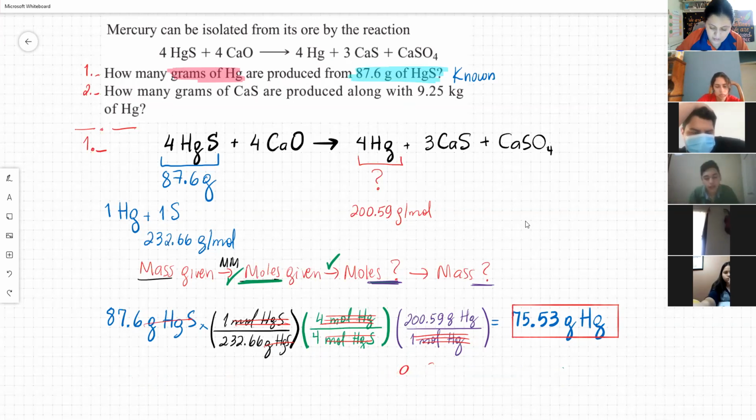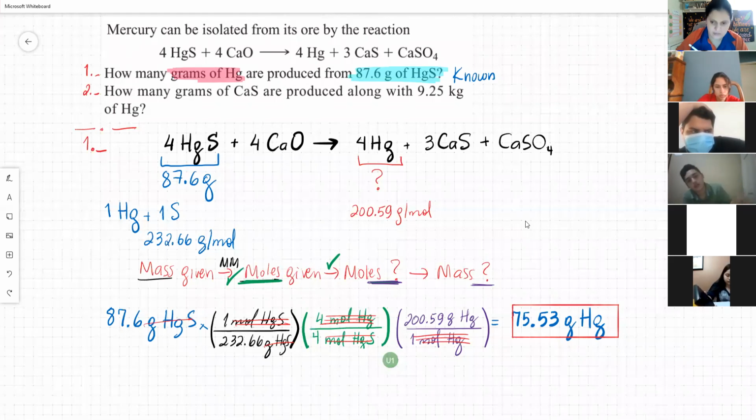It doesn't matter if I put the grams, then divide by 232.66, times 4, divided by 4, and then times 200.59. In the end, it doesn't matter because here you are just multiplying or dividing.